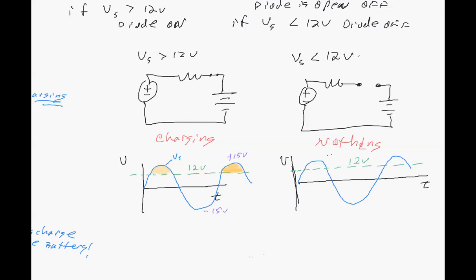And we've got the source that can go plus 15 and minus 15. Now, whenever we go negative, we're in this region. And nothing happens during this time. As long as the diode is turned off, it's an open circuit, and there's no discharging, so we protected it.